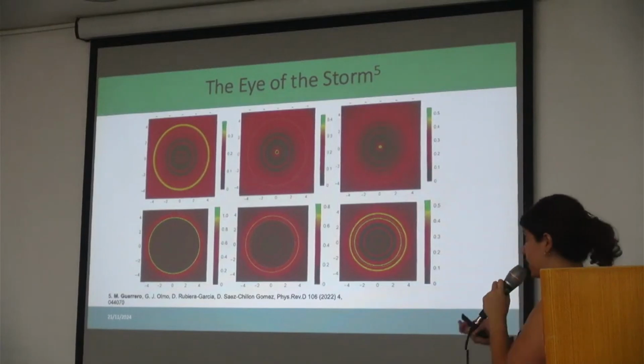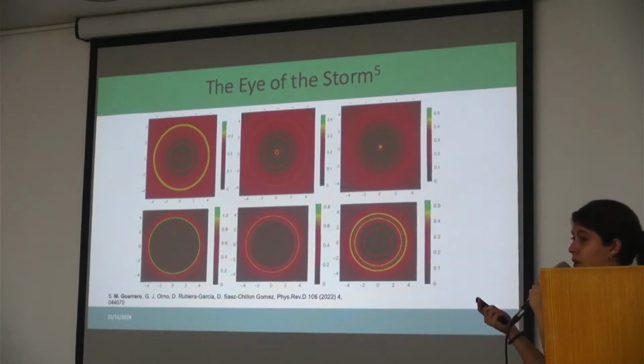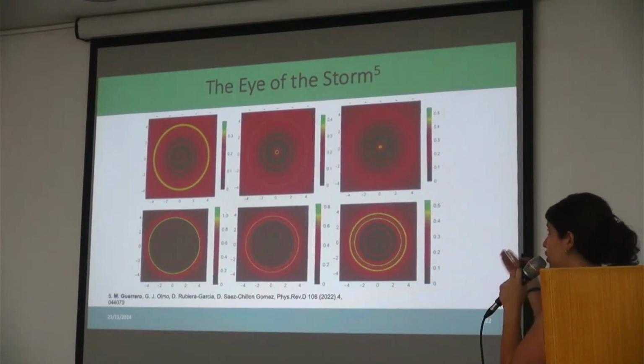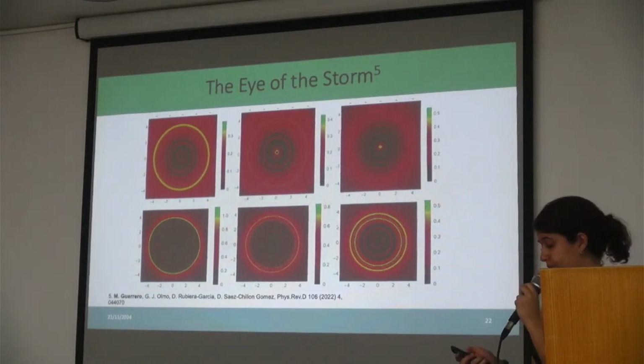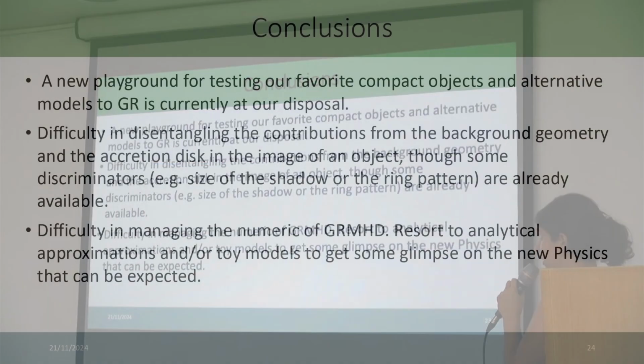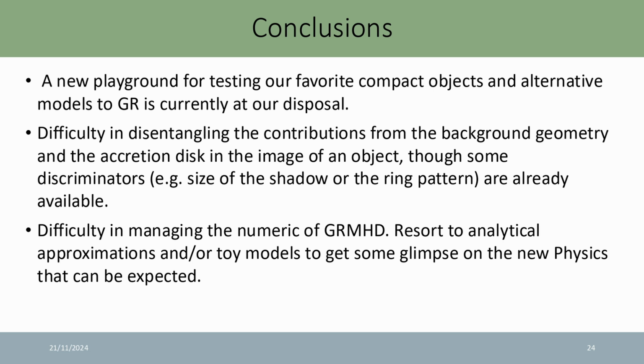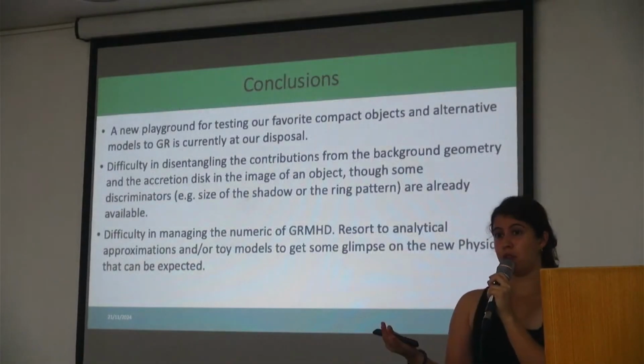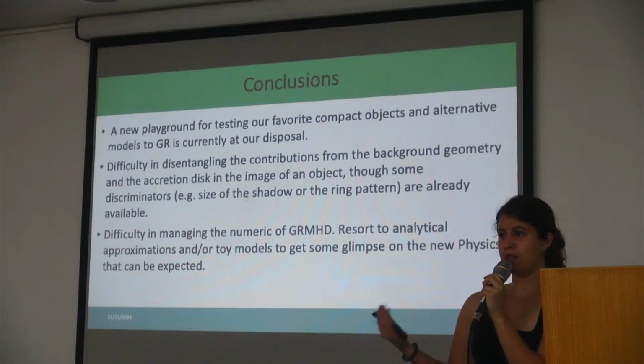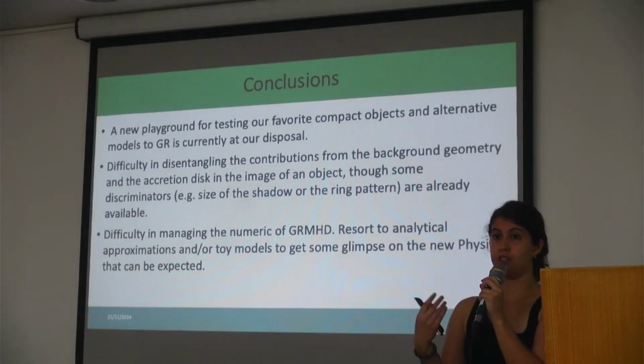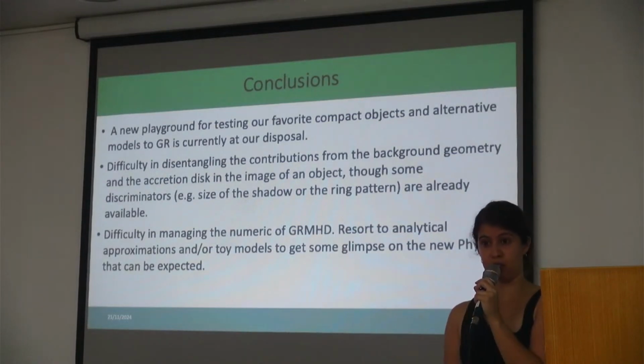So as we can see, depending on the type of geometry that we have, this structure of rings is different. To conclude, this shadow, or this new optical appearance that we have, is interesting to test the Kerr hypothesis.